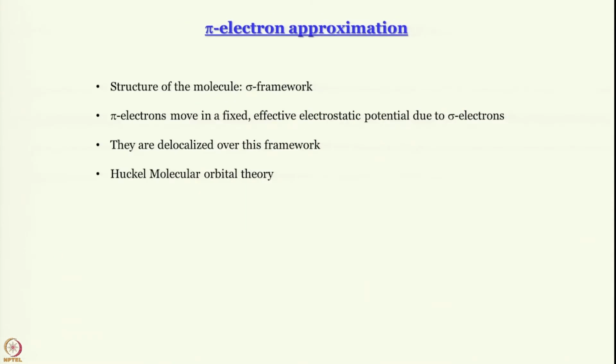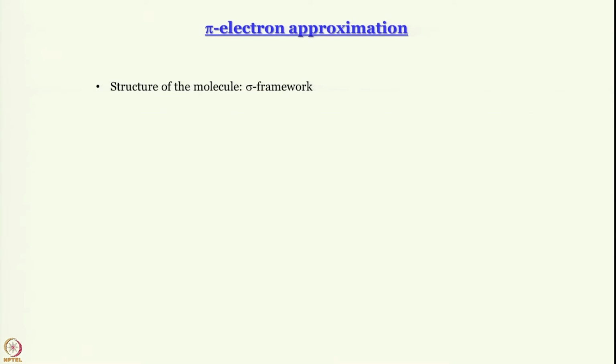So, this kind of a system where we have conjugation, alternate single and double bonds by valence bond theory description, the most common way of dealing with it is to use the pi electron approximation or to generate what is called the sigma pi picture.